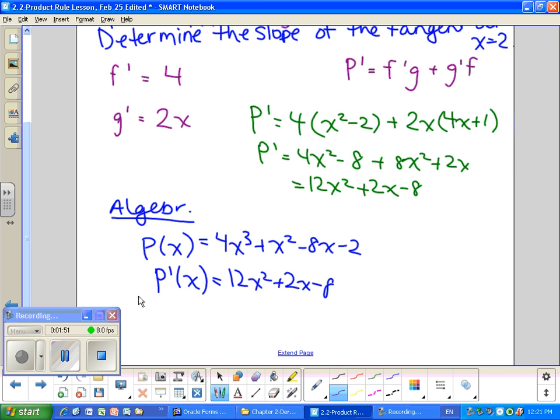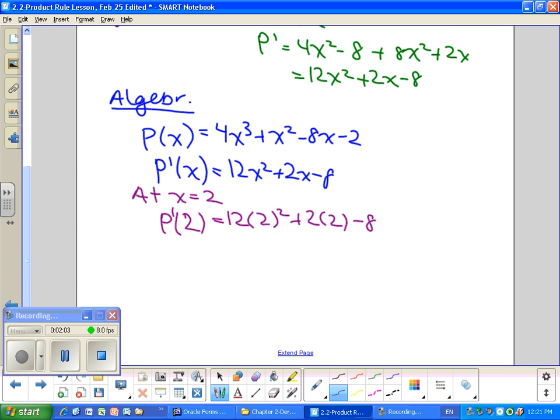So if we sub in, we now know that x is 2, so we have p prime of 2 is 12 times 2 squared plus 2 times 2 minus 8. So our p prime of 2, 48 plus 4 minus 8 is 44.